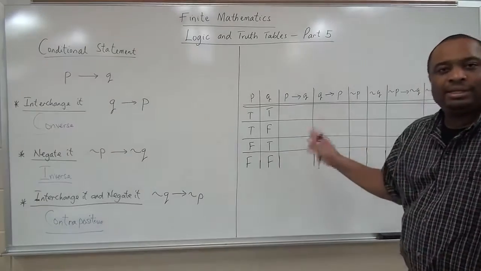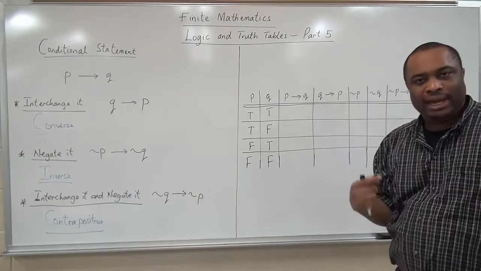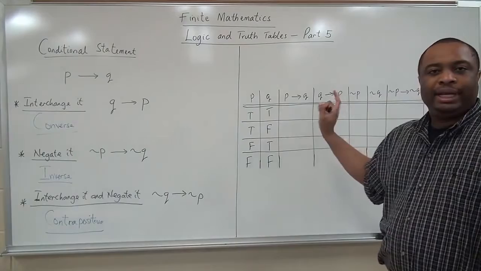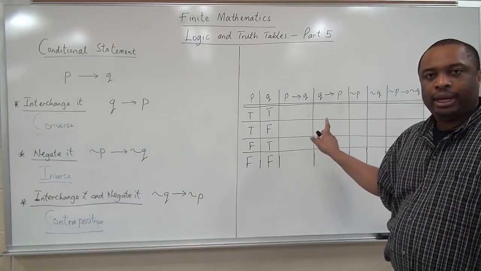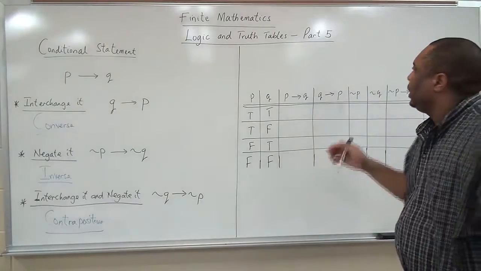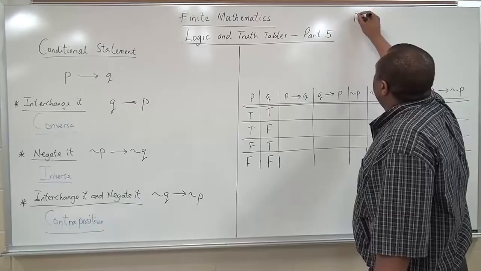All right, I know we discussed this in previous videos, but let us do a rewind. Let's rewind it again, so we make sure we put in the correct values on every one of them. Let's have a refresher on the conditional and biconditional statements.